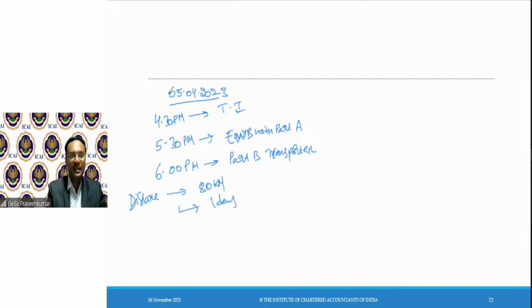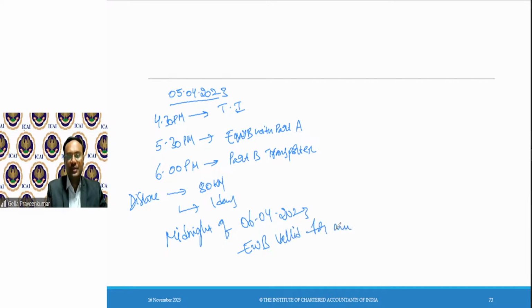So that means, having prepared it on 5th April, this e-way bill is valid till midnight of 6th April 2023 for movement of goods.